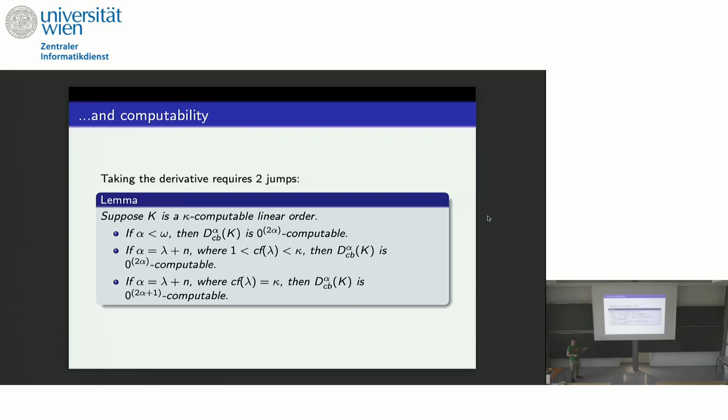It's only at the long limit ordinals that we get the +1. For finite things, it takes 2 alpha many jumps. If you're finitely far above a limit ordinal with small cofinality, then again, it just takes 2 alpha many jumps. If you're finitely far above something of big cofinality, then that's where the +1 comes from.